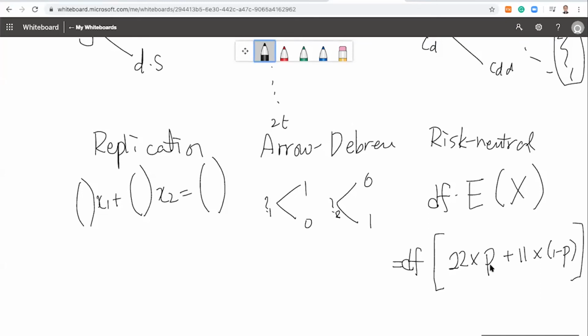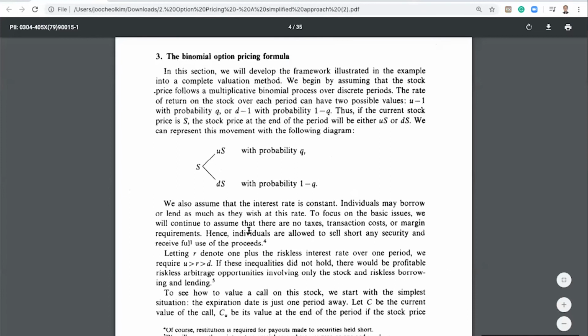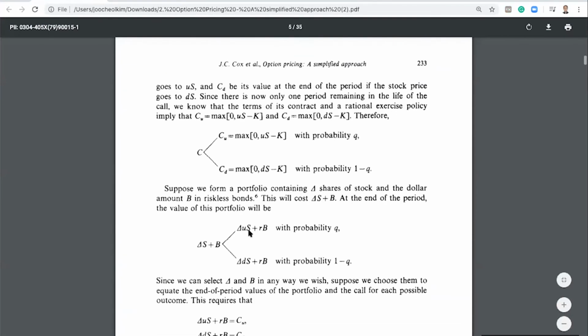So just remember that there was my numerical example, and there are the CRR's numerical example, and now we are talking about the CRR notations.